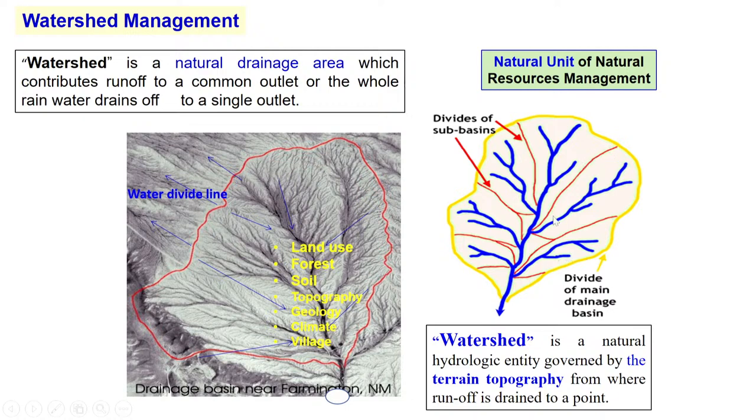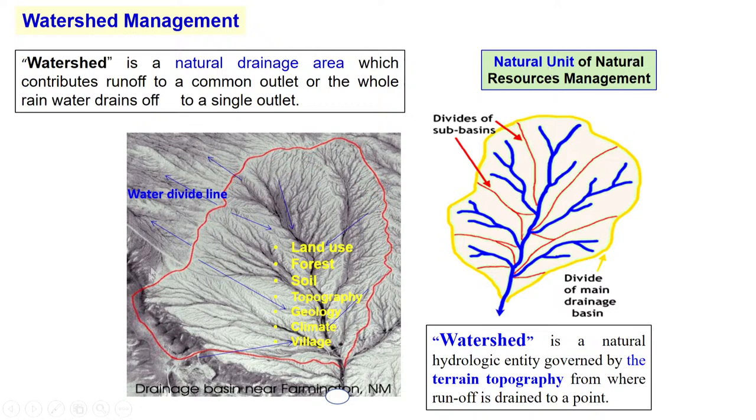If you want to manage the natural resources very efficiently, then we do watershed management. A watershed is a natural hydrologic unit, also known as a natural unit of resource management.